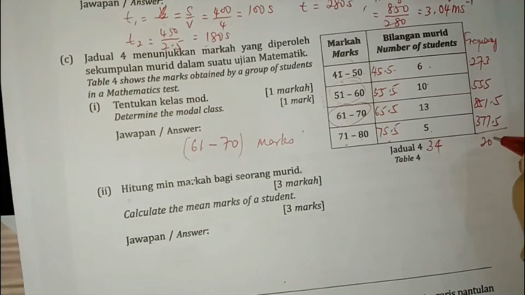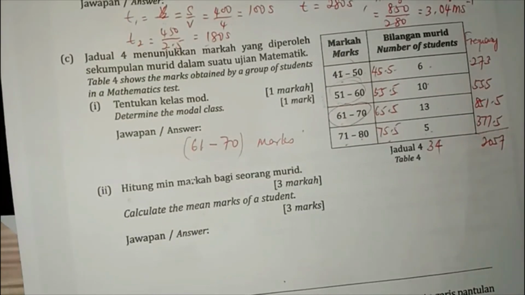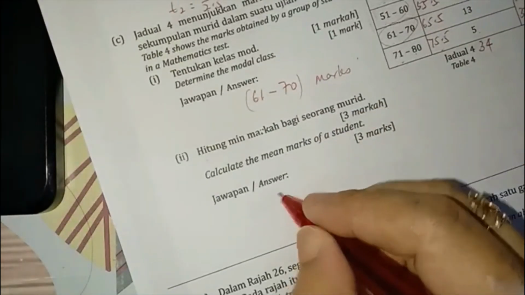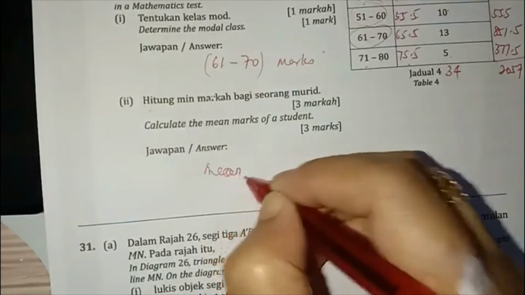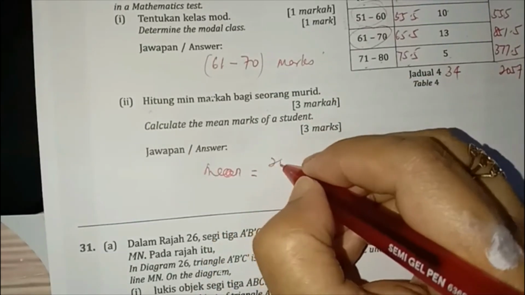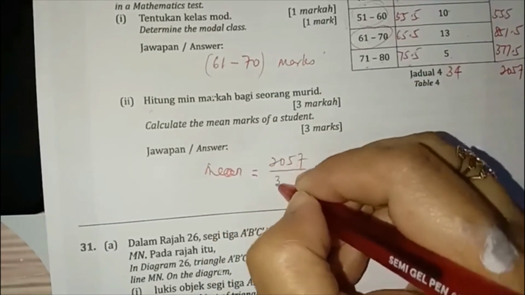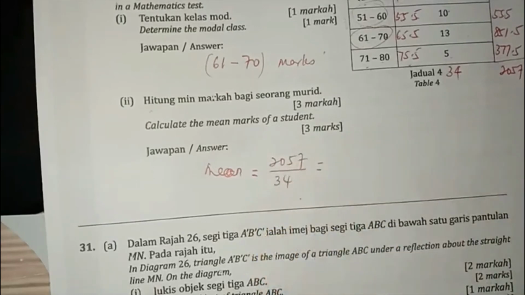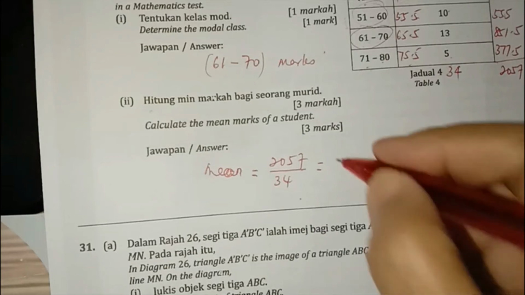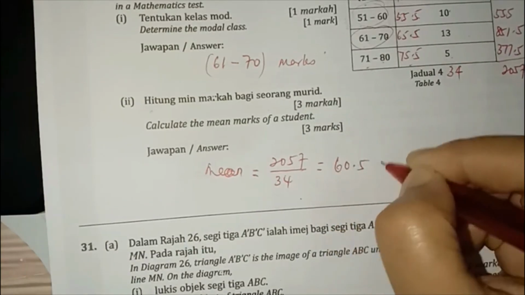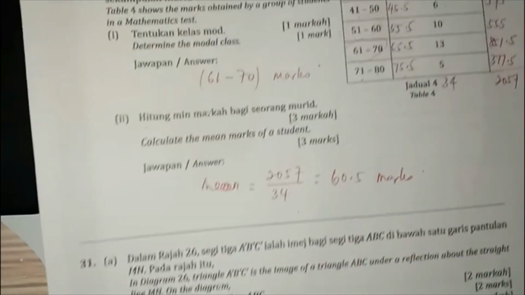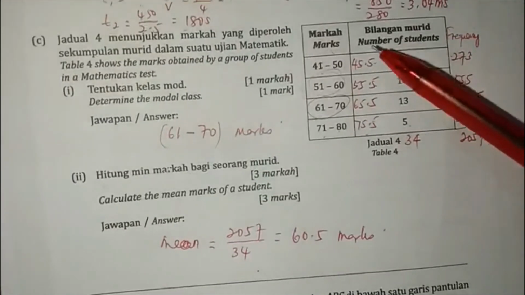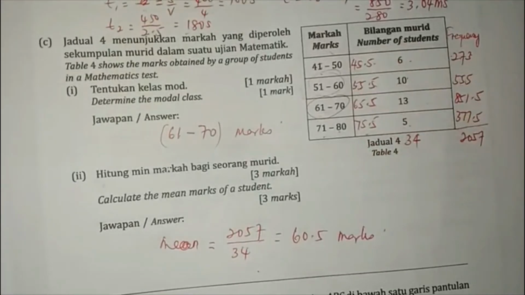Okay, 2057. Okay, so now you calculate for mean. Equals to 2057 divided by 34. That is 60.5 marks. Okay, that's how we solve this question. So you must be able to calculate.